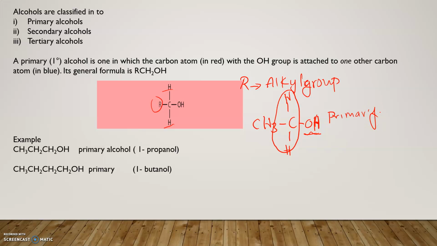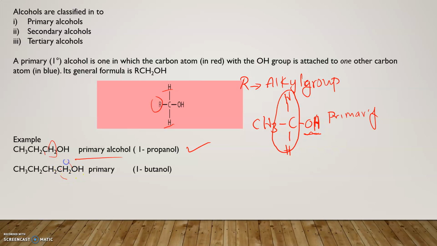When the carbon attaching to the hydroxyl group carries 2 hydrogens and 1 alkyl group, this is a primary alcohol. Let's take a look. This is the carbon attached to the OH. Look here, it has 2 hydrogens, so it's primary. Check again, look at this one. This is the carbon attached to the OH.